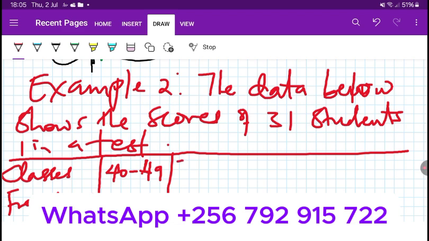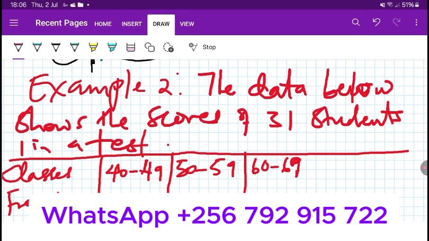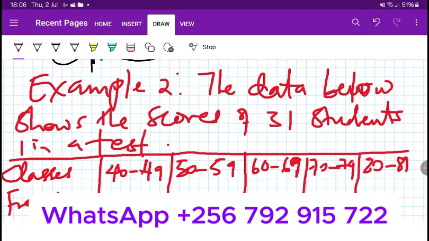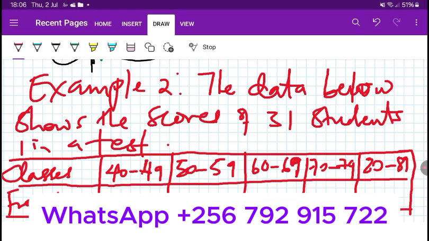We also have a class from 50 to 59. We have a class of 60 to 69. We also have a class of 70 to 79. And then finally we have 80 to 89. So we show the frequencies. The frequency, this one is 4, this one is 7, this one is 11, this is 6, and this is 3.